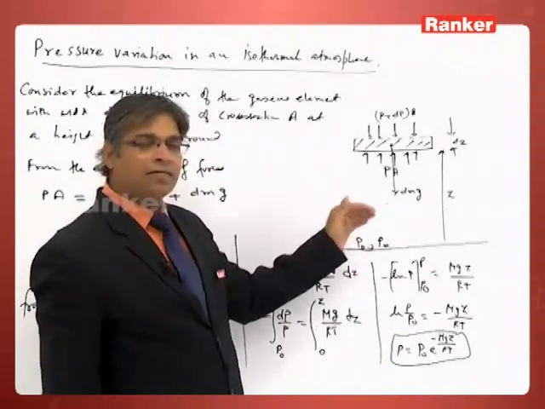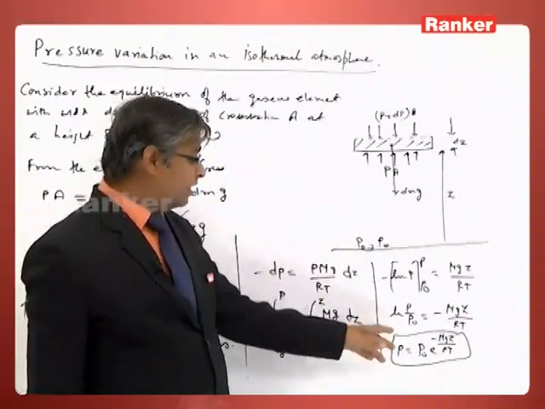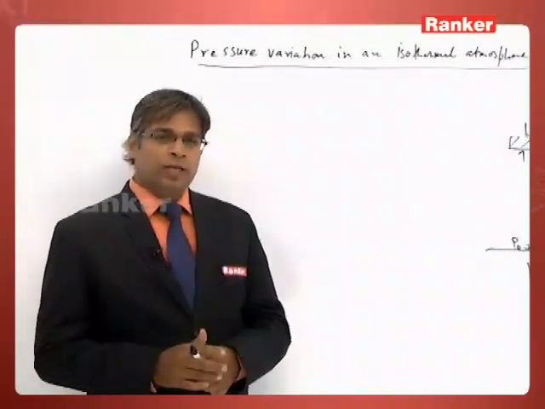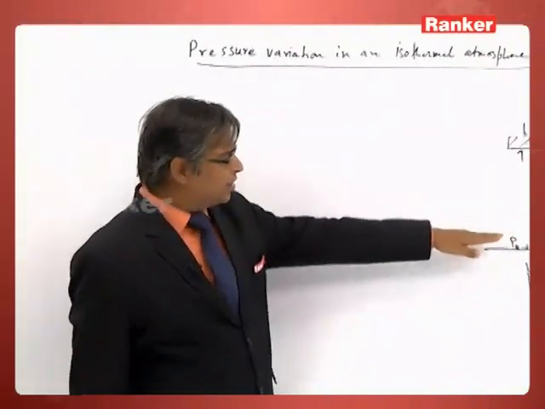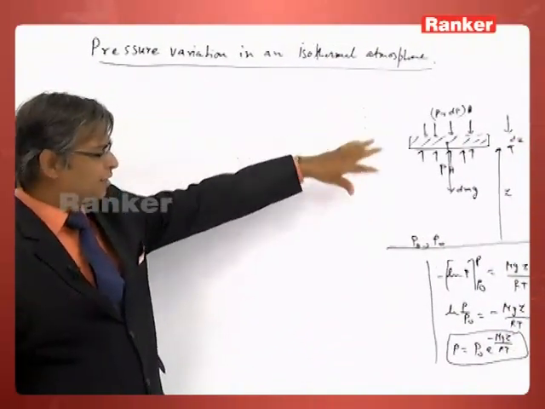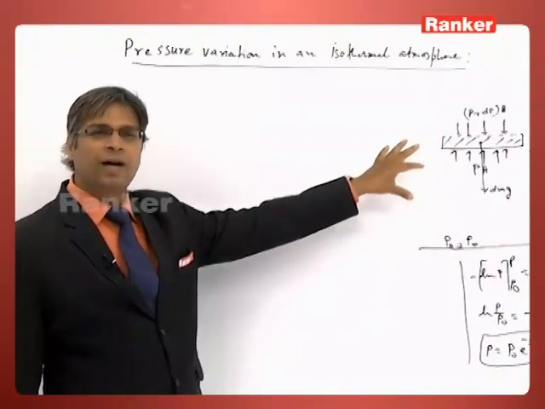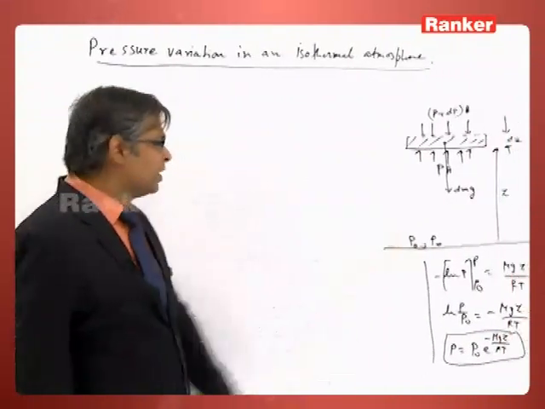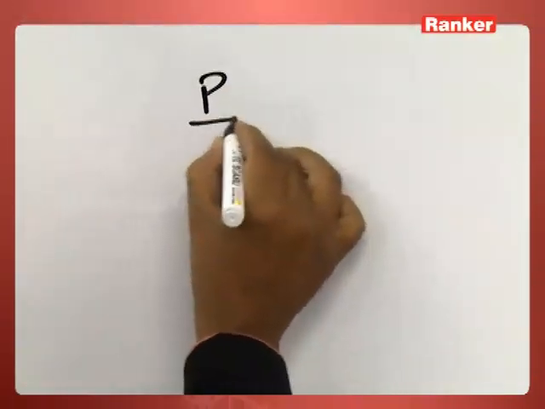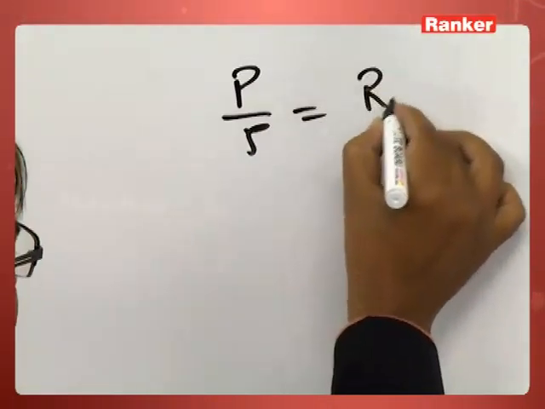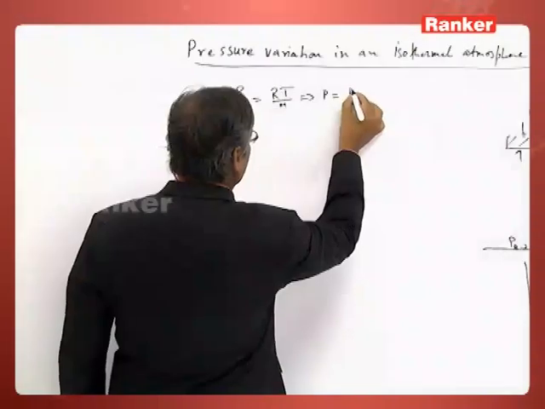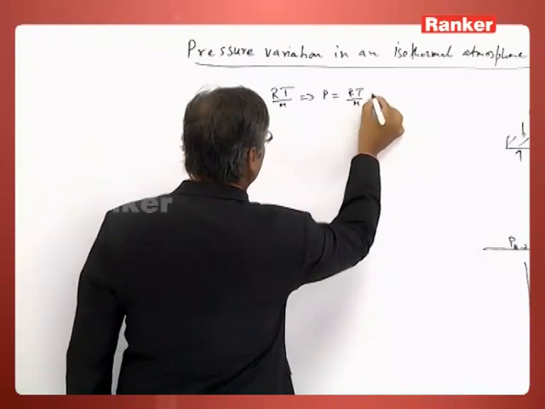Now we can also calculate how the density varies by using this relation. So now let us see how the density varies with height when we assume that near the surface of Earth we have isothermal conditions. So again we will use the perfect gas law, P by rho is equal to RT by M. This implies P is equal to RT by M rho.